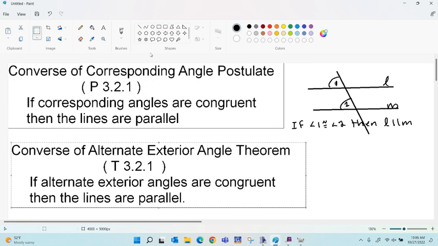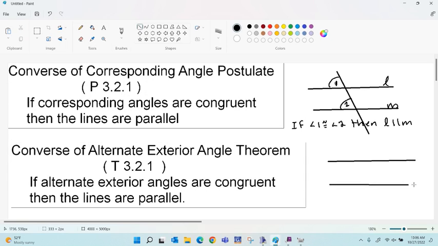So alternate exterior angles. So if we're thinking about this, we still have L and M. I need to think about alternate exterior angles. So that would be one here.